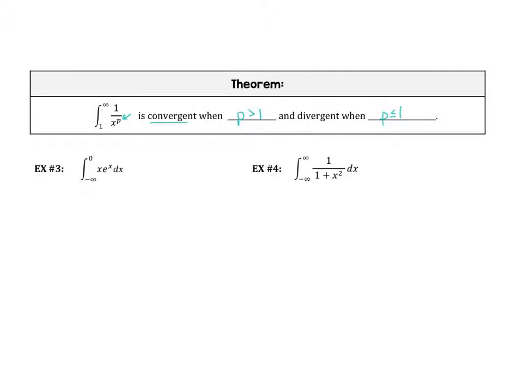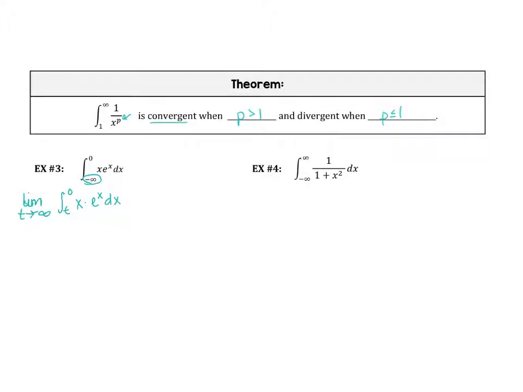All right, so let's look at example 3. This is going to be where our lower bound is improper. So we're going to start again with the limit. And I'm just going to choose t approaches negative infinity, of the integral from t to 0 of x times e to the x dx.